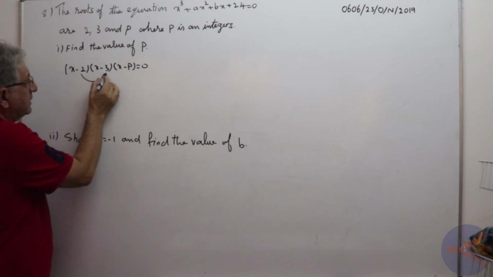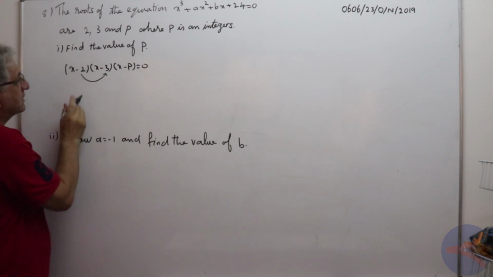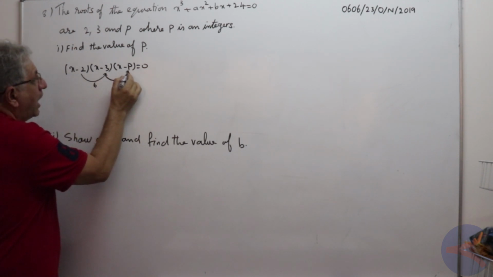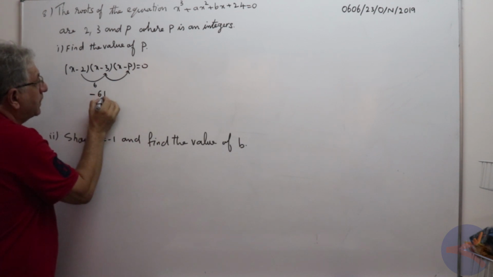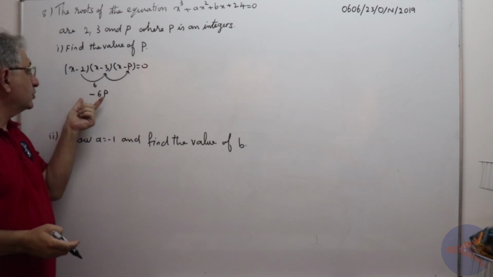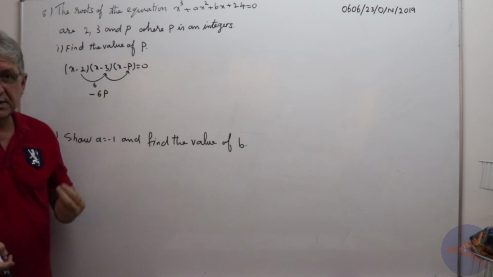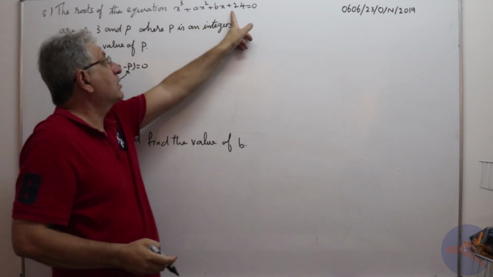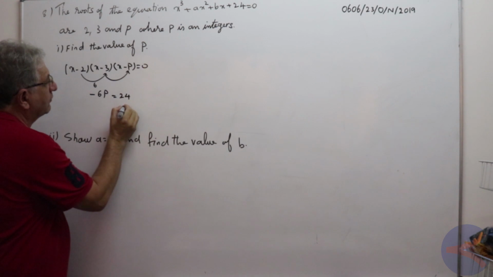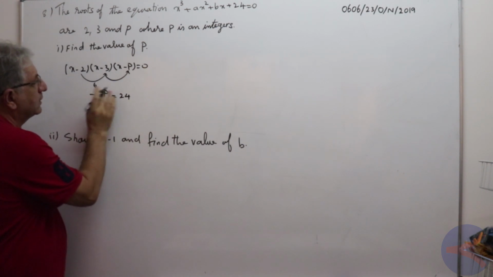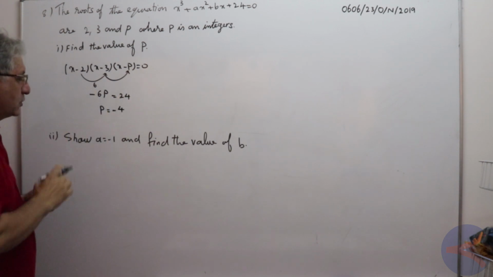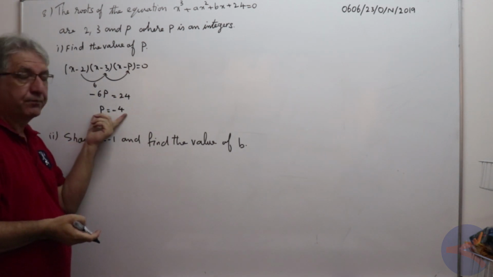This multiplied by this gives 6: negative 2 times negative 3 is 6. Now this 6 multiplied by this gives negative 6p. Therefore, if I expand this completely, I get negative 6p as the constant number. But we know the constant number is 24, therefore negative 6p should be equal to 24. So p is 24 over negative 6, which is negative 4. So we have found the value of p.